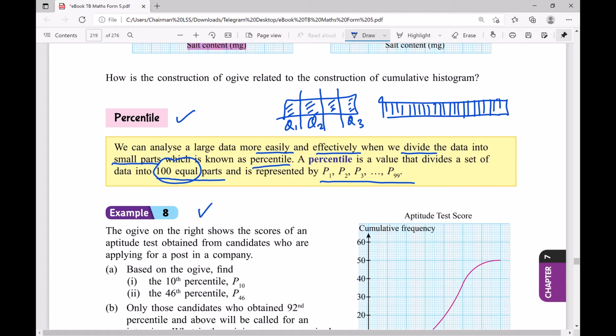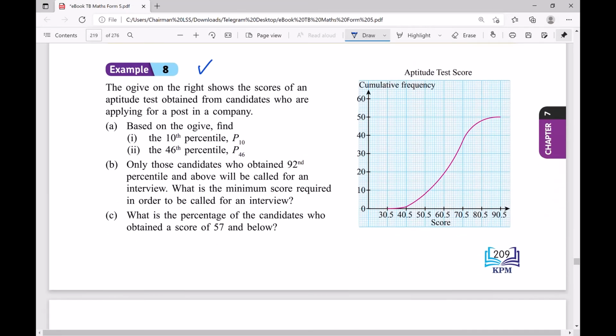Okay, look at example 8. An Ogive is given to you, the score of aptitude tests obtained from candidates who are applying for a post in a company. So based on the Ogive, find the 10th percentile. That means P10. So how to calculate the 10th percentile?